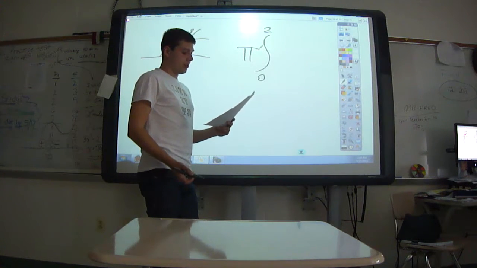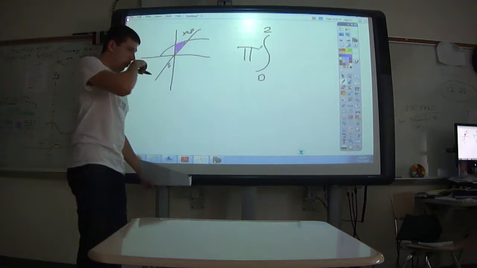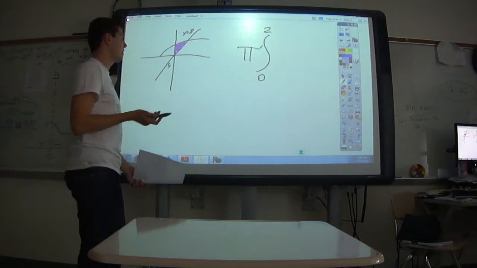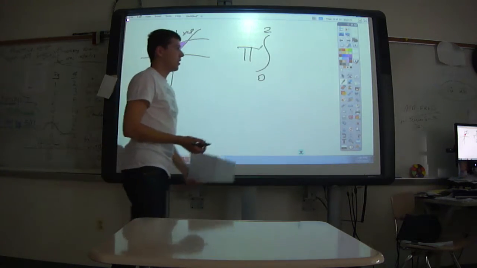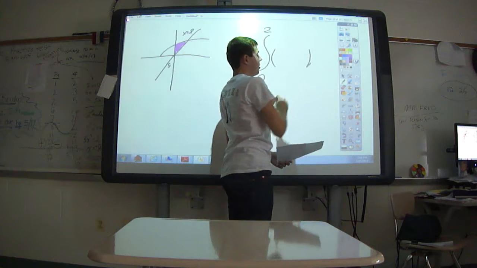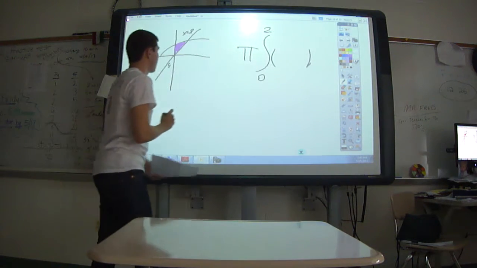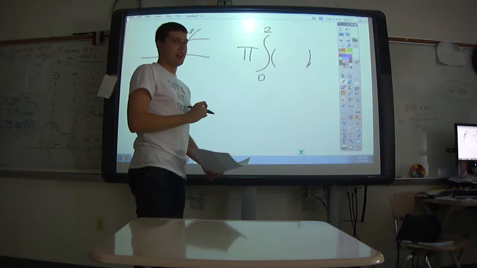Now I find what it says on the solution weird, so I'm going to do it the way this was taught in class. This is going to be a washer. I can tell that for sure, because we're going to have a big hole. So for washers, I think I'm making a mistake now.